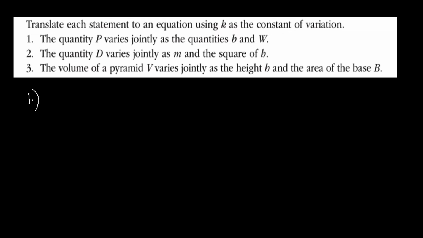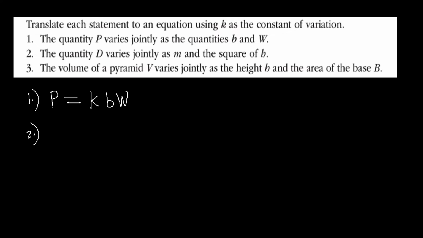If you notice, malalaman mo kapag joint variation because varies jointly yung ginagamit na sentence. Okay, let's write that. P varies jointly as the quantities q and w. Put the constant of variation at saka q at saka yung w. Ganun lang po kasimple yung equation niya.